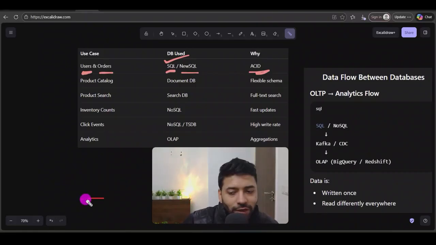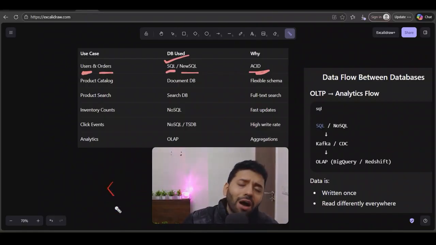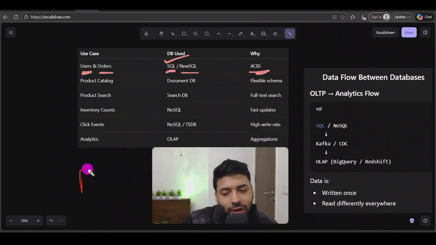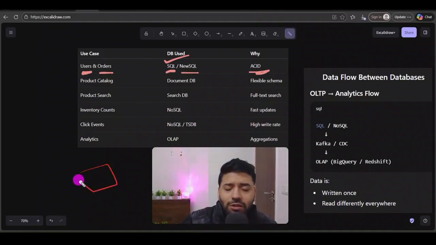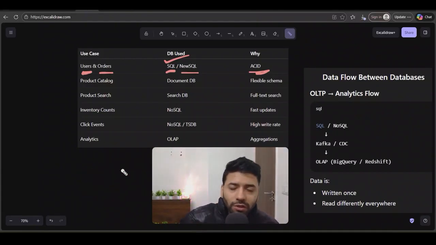So it is totally fine if one event is present in Kafka and one consumer consumes it now, and another consumer consumes it after some time. In Kafka you can retain your data for multiple days and even weeks. So 7 to 30 days the data remains retained in Kafka, which is a long enough duration, and during that time all of the consumers can consume those events.